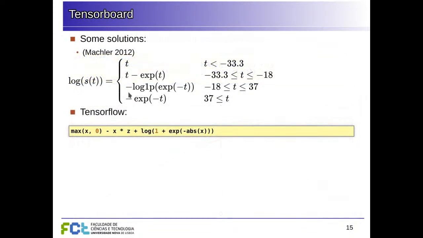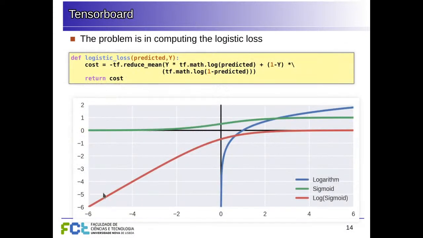If it's below minus 18, we approximate by t minus e raised to t, and then in the more reasonable values we use this other expression and so forth. So you see, we are computing this in different ways on different regions here to prevent numerical overflow.